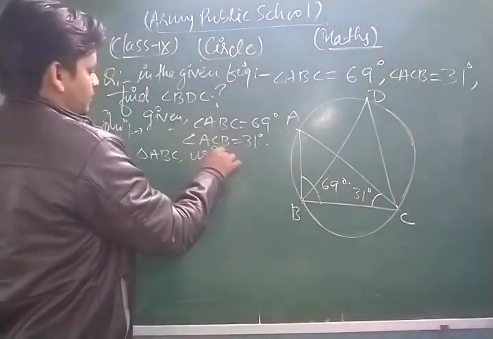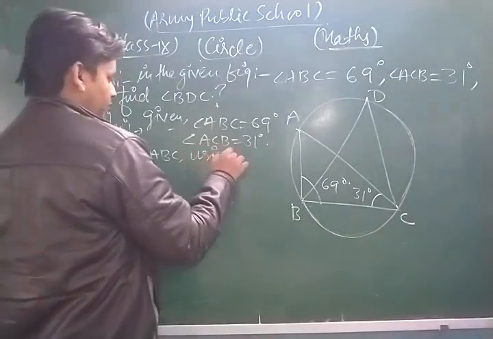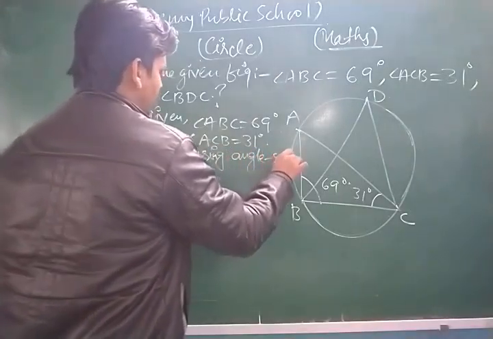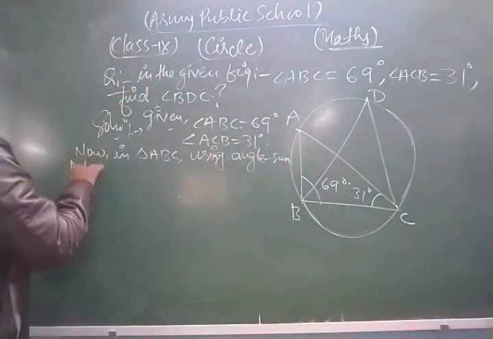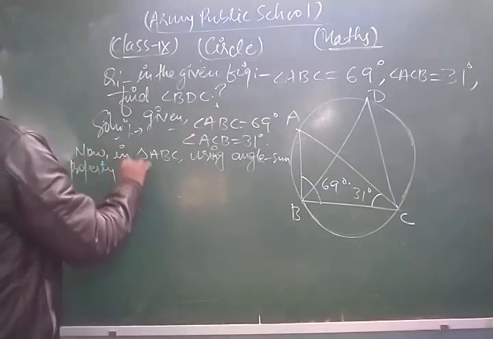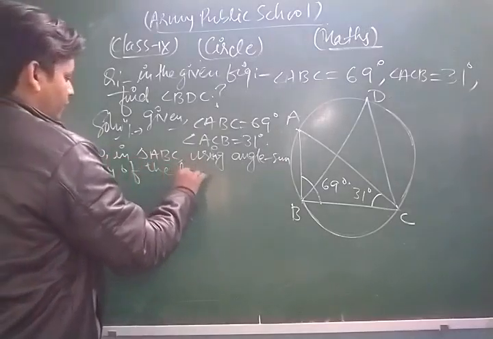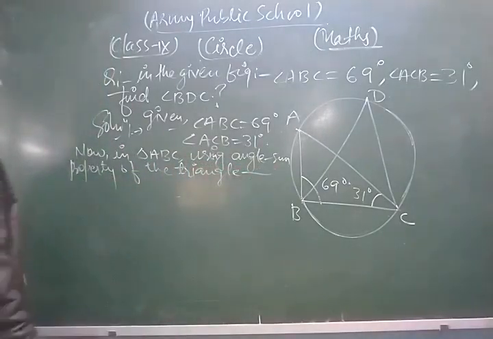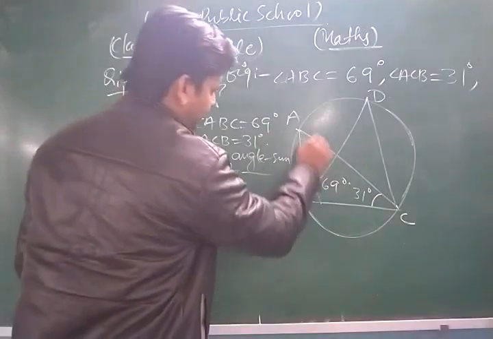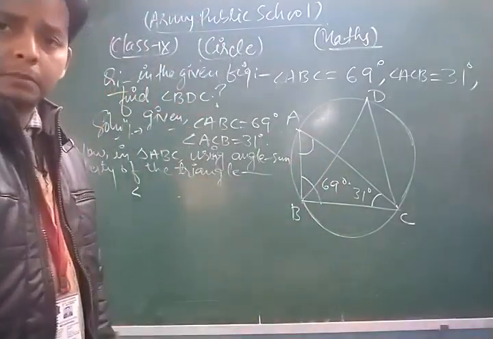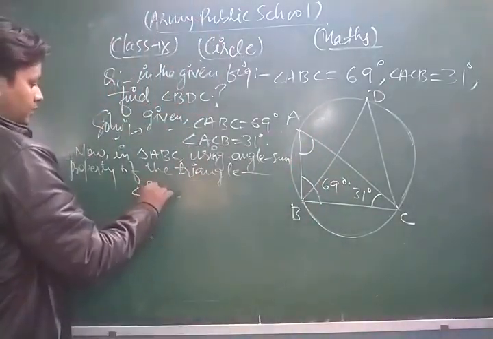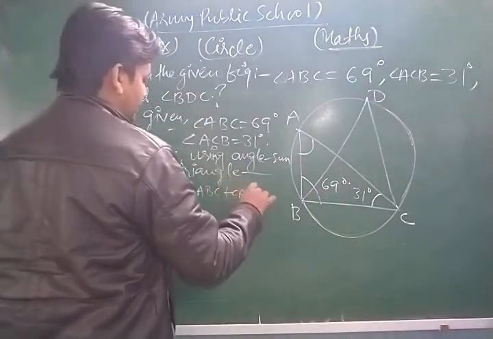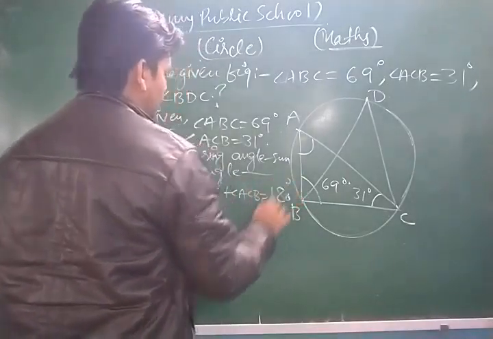So angle BAC plus angle ABC plus angle ACB is equal to 180 degrees.